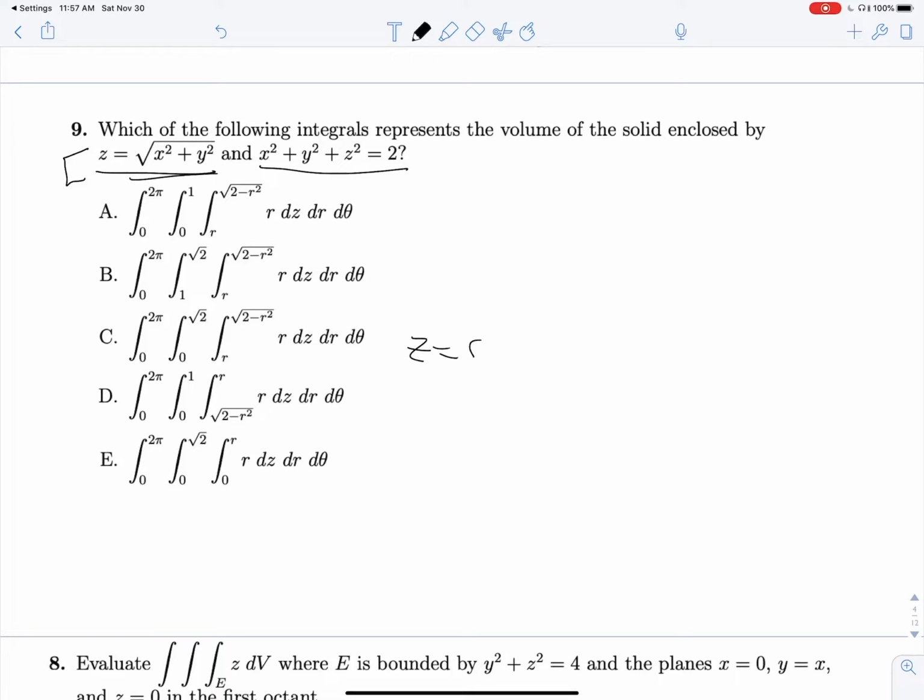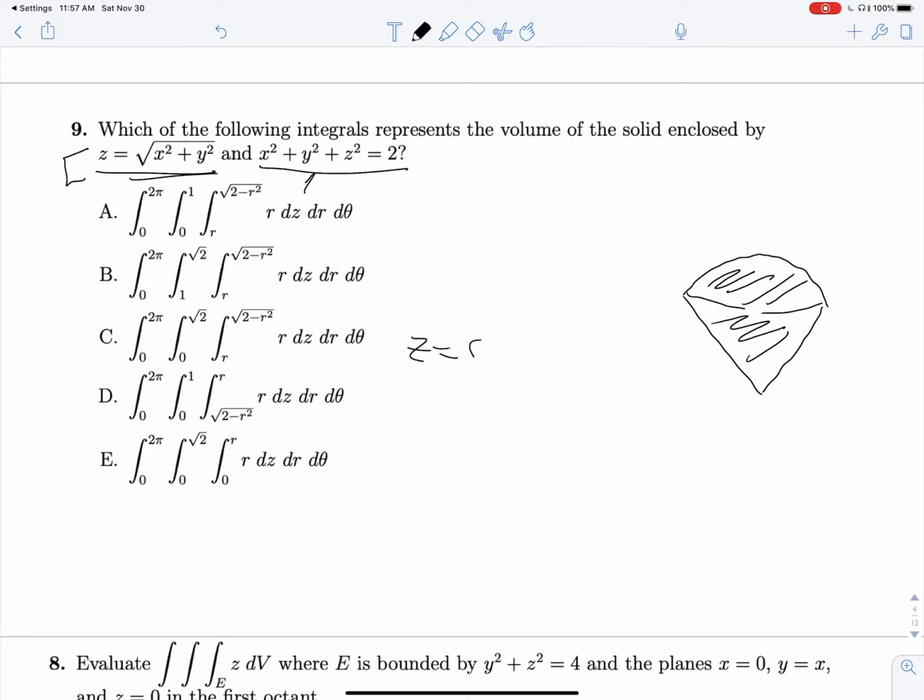And you can kind of see this if we draw it out, we're going to have this cone coming out to meet the radius of the sphere, and then the sphere is going to take over. This is our classic snow cone shape that they make us integrate over sometimes.